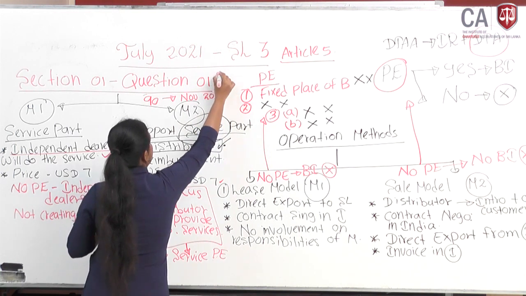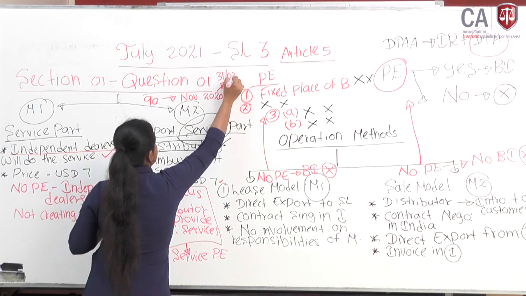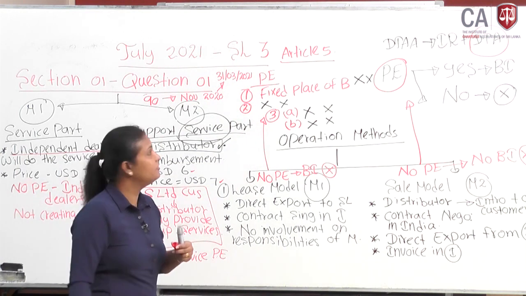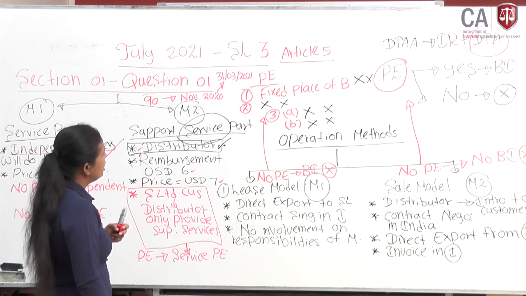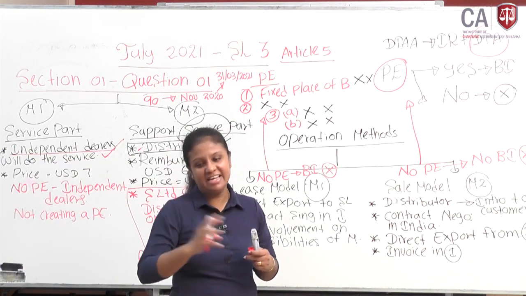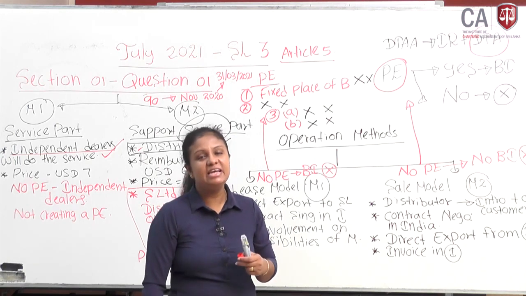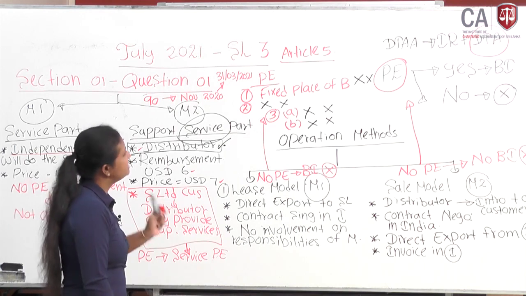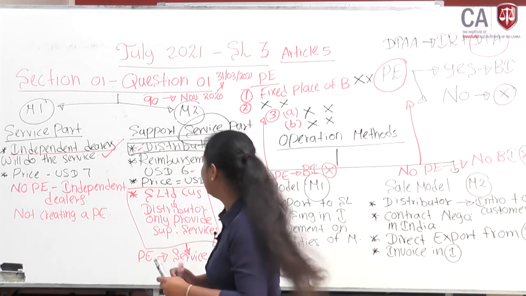It goes till 31st March 2021. Now, November, December, January, February, March, there are 5 months. Definitely it exceeds the 90 days of the provision. Clear? This is the analysis of the PE, Lamai.